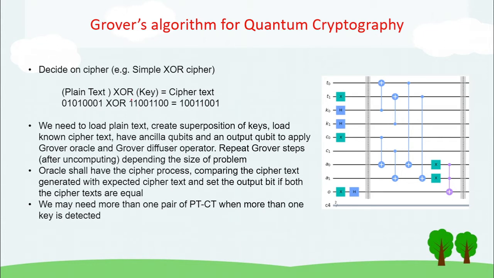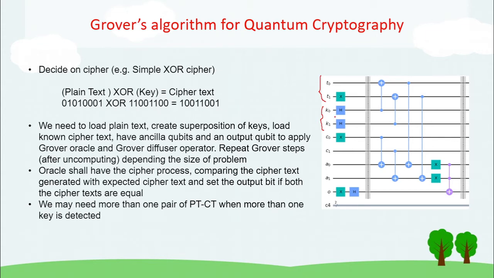After that we need to do some more things here. We need to load plain text. Create superposition of keys. I'm just explaining with just 2 qubits instead of 8 here, but the real life problem will have hundreds of bits.